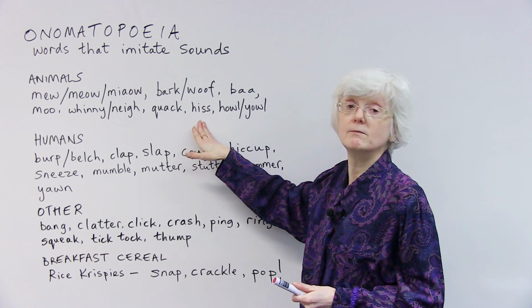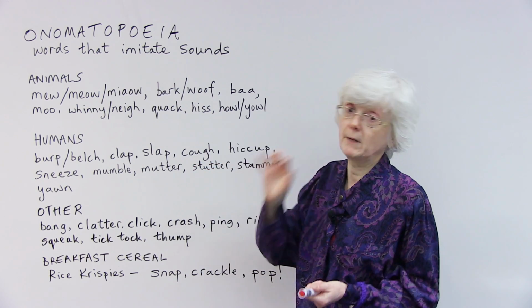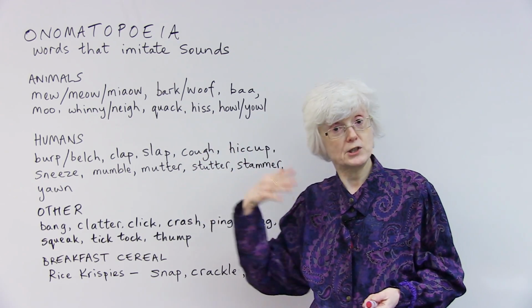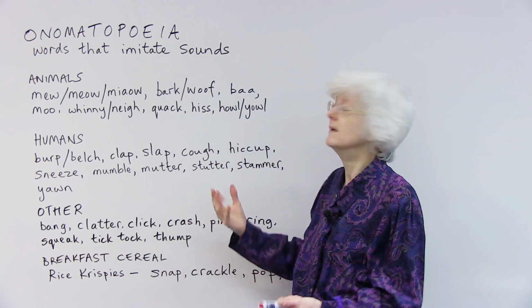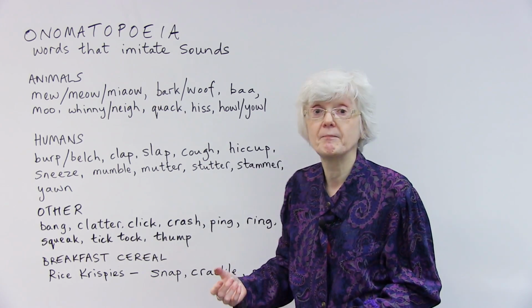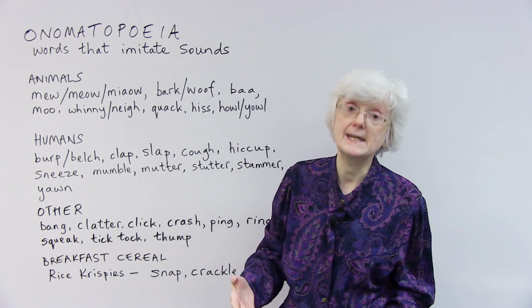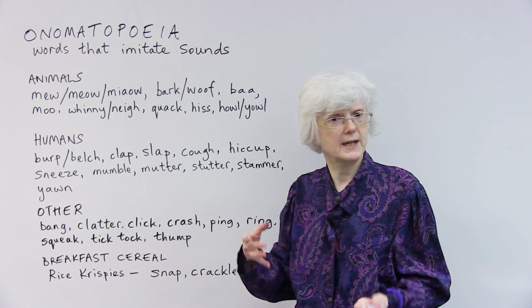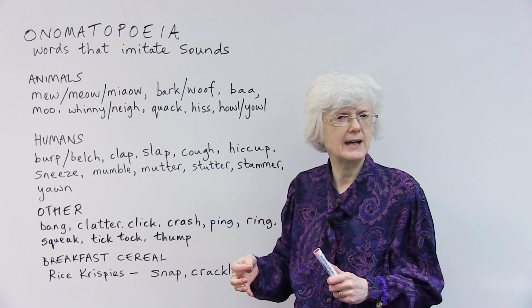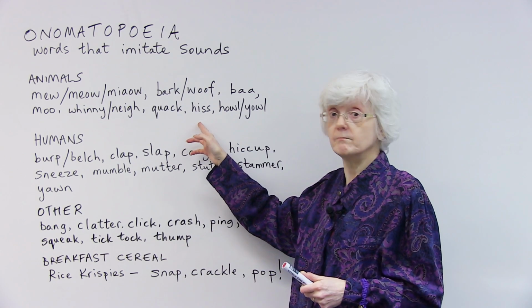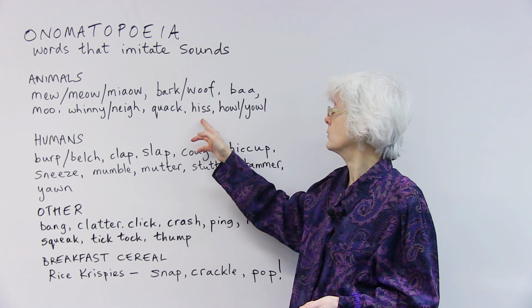Hiss. And normally you just say hiss, make a short S sound, but if you're going to imitate the thing, hiss, and that would be like a snake, or sometimes a cat makes a hissing sound as well. So anything making a hissing sound.